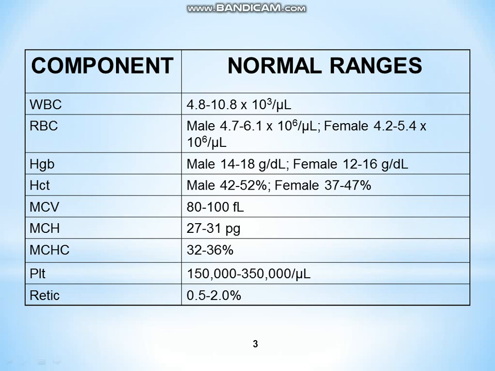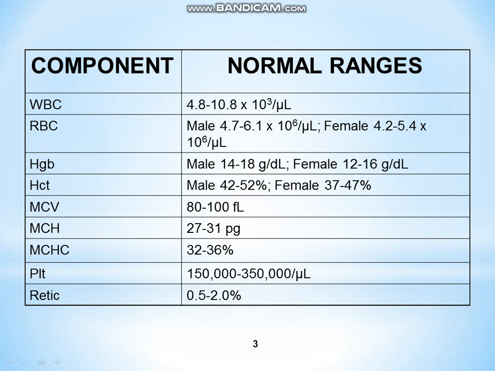As we can see, the white blood cells, WBCs, have a normal range of 4.8 to 10.8 × 10^3 per microliter. These are the RBC erythrocytes in male.